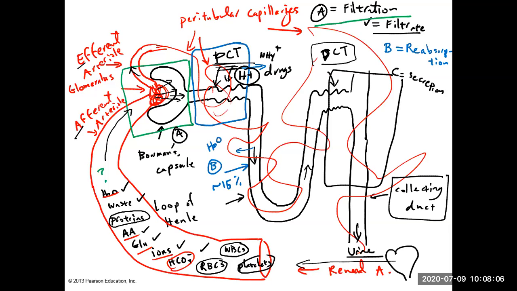Remember, in the DCT you have calcium reabsorption, and you need parathyroid hormone for that. Parathyroid hormone is essential. We discussed parathyroid hormone earlier, a similar concept, but that's what is happening in terms of the uptake. These are channels in the apical membrane, and it is a passive process.